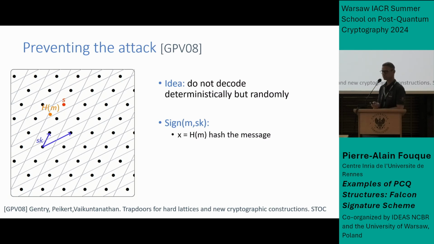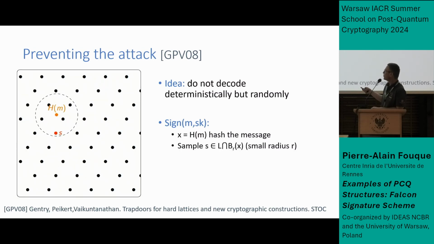So now when you sign a message, you generate a value X here, and then you generate a lattice point that is close to it. You can imagine that you have some ball around the value X, and then you will have a lot of lattice points, and you will just pick one of them randomly, according to some radius that we fix.